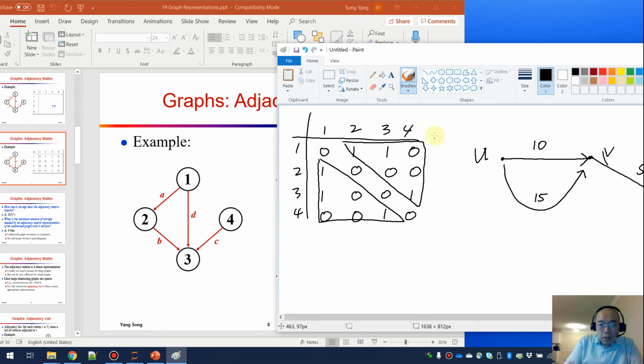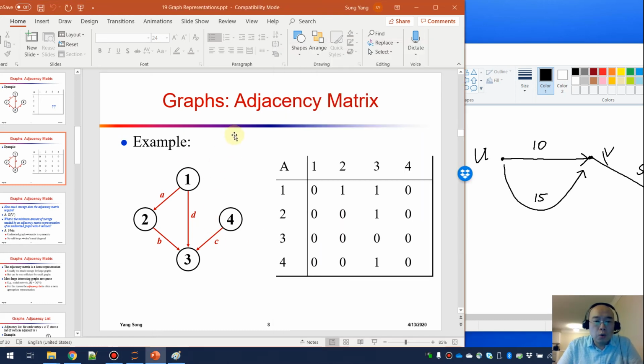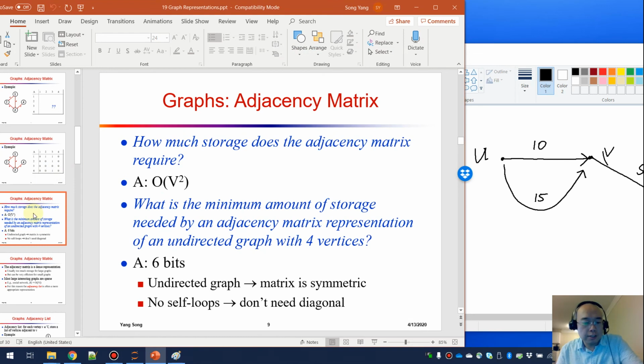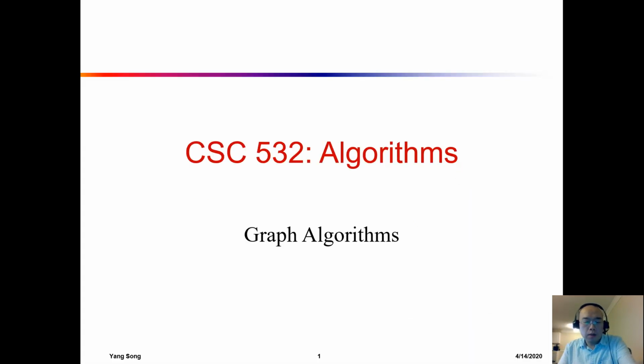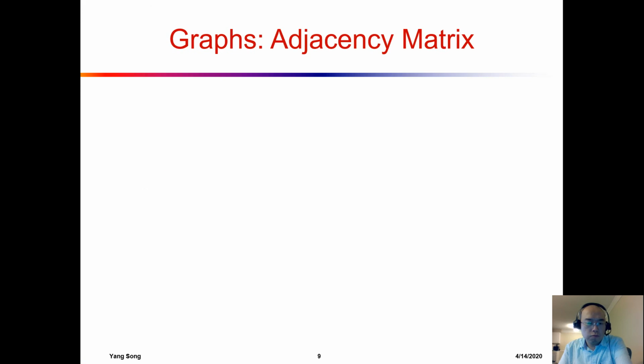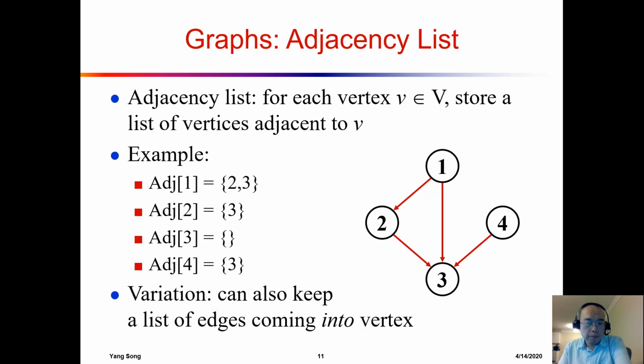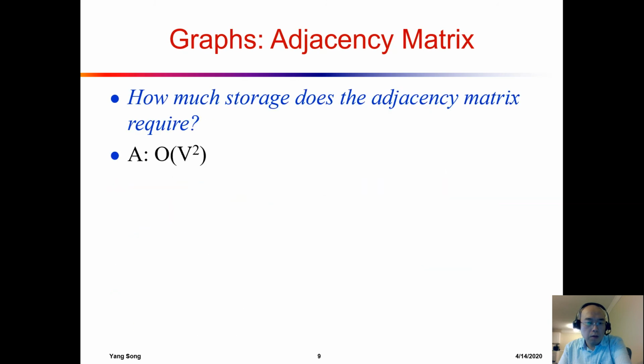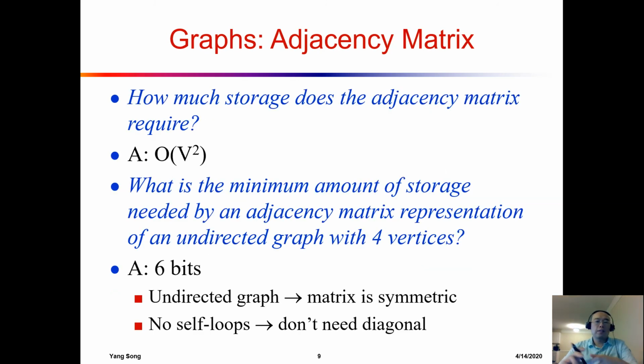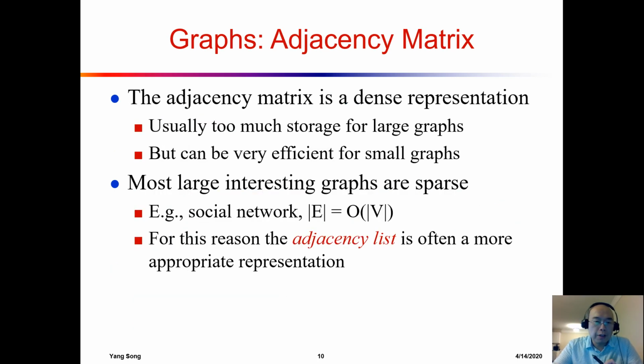We can pick either the upper half or the lower half, but anyhow we only need to store a total of 6 binary digits in this case. Okay, so the next question, what is the minimum amount of storage? But we have done this.